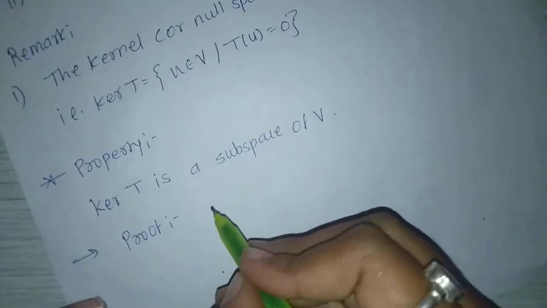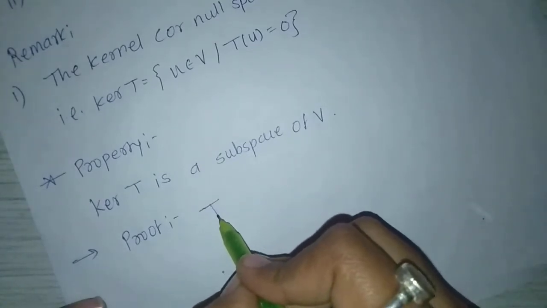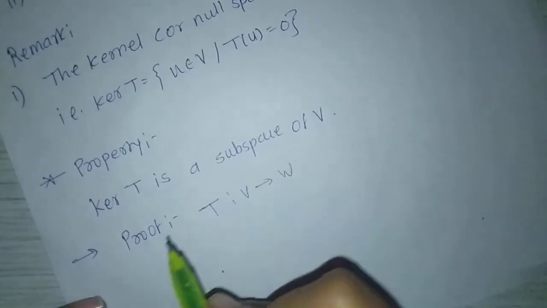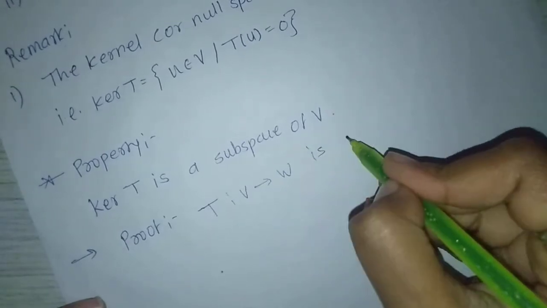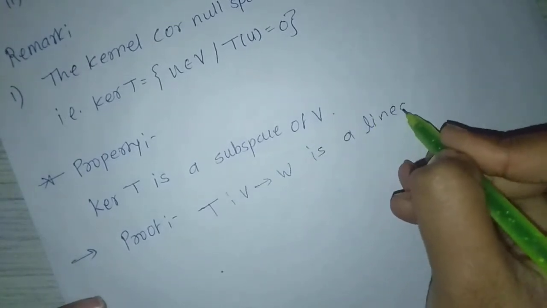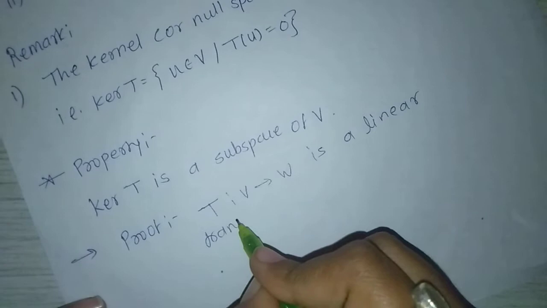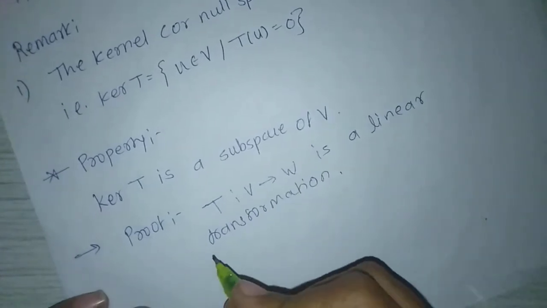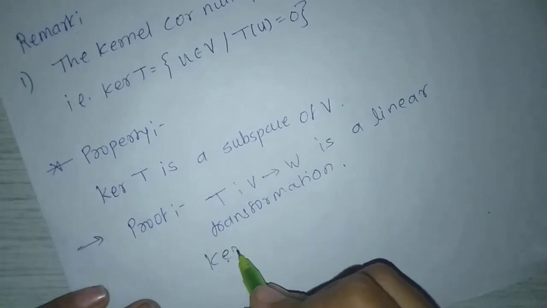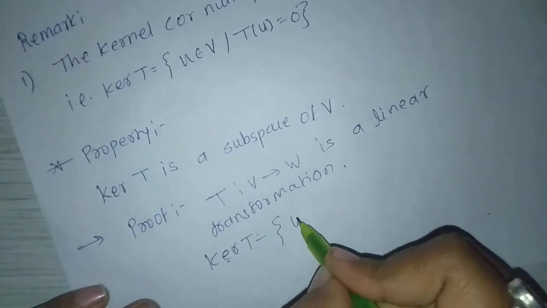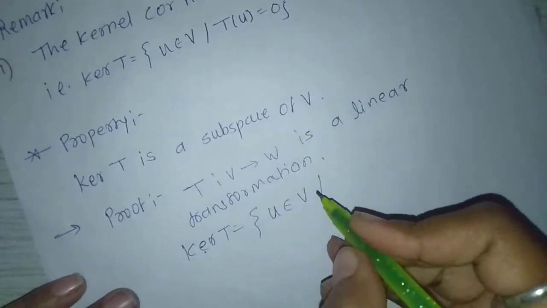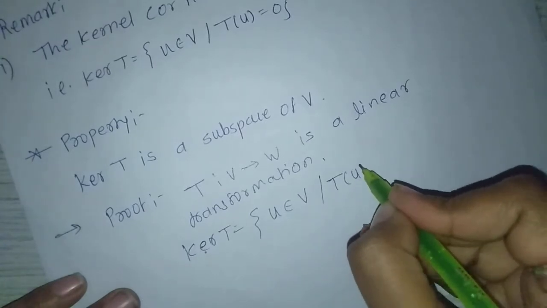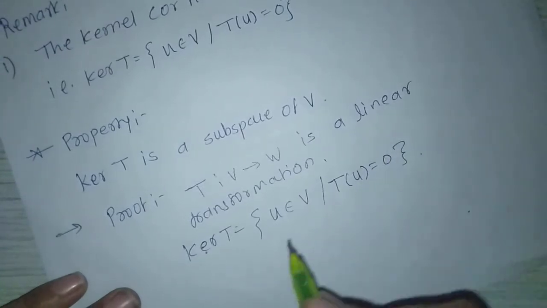Proof: suppose T mapping V to W is a linear transformation, and kernel of T is nothing but the set of u belonging to V such that T of u equals 0.